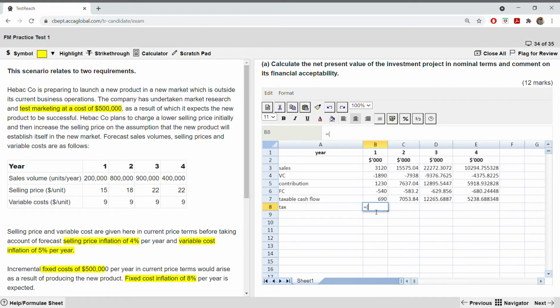So just put a minus sign, minus 0.2, because you want to show the tax in minus, multiplied by this rate, enter. So that your tax is now negative. Just drag it to the other cells.